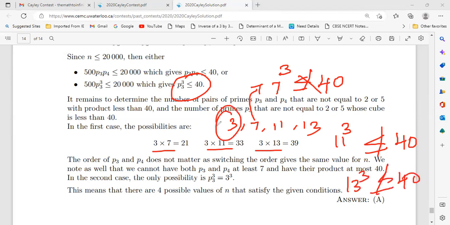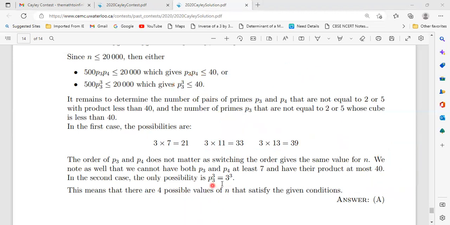You'd be only able to use 3 cube because that would give you 27. Yes, that 27 is lesser than or equal to 40. So that is why they are explaining this. For P3, we have taken 3. So P4 must be like 7 or 11 or 13. Do you understand?